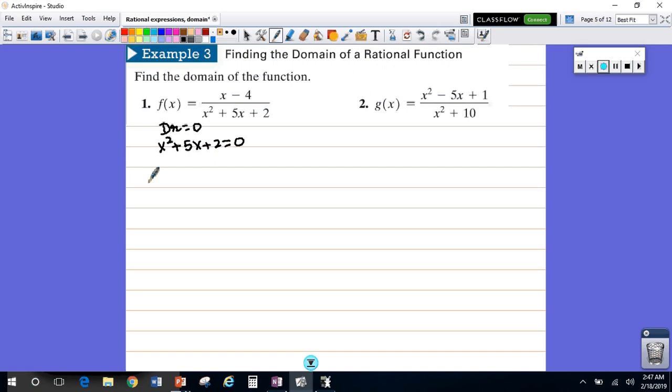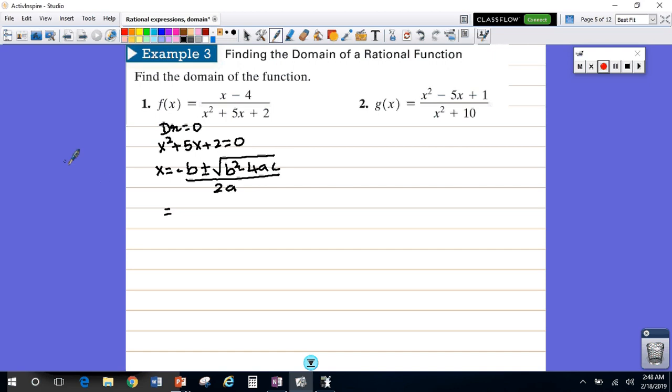So what should we do? Find the values of x by using the formula. What is the formula we have? x equals negative b plus or minus square root of b square minus 4ac, over 2a, right? I think all of you remember this formula.